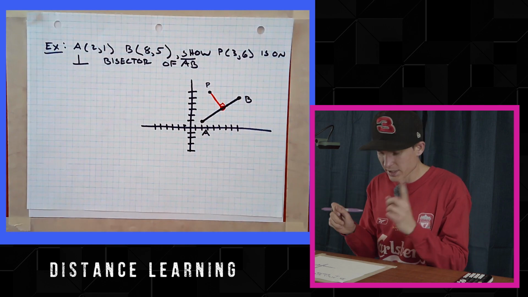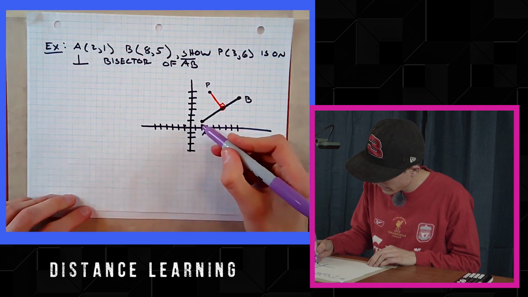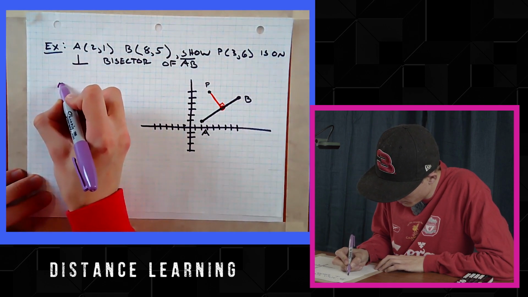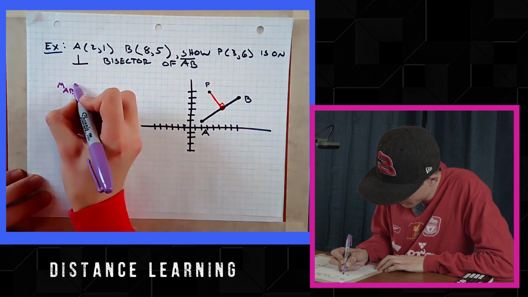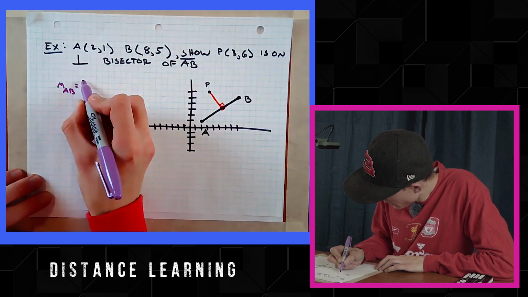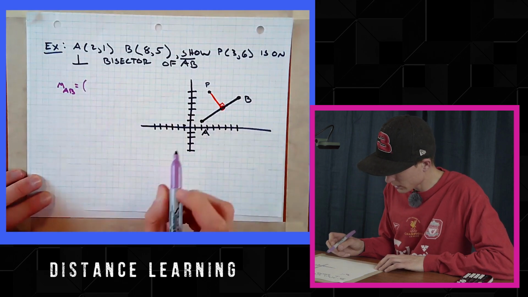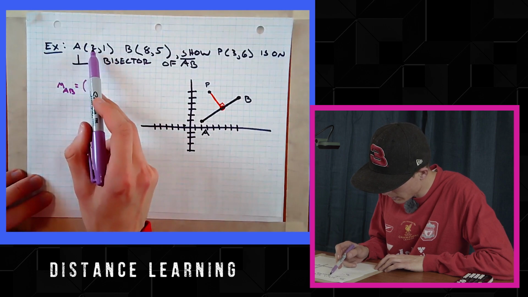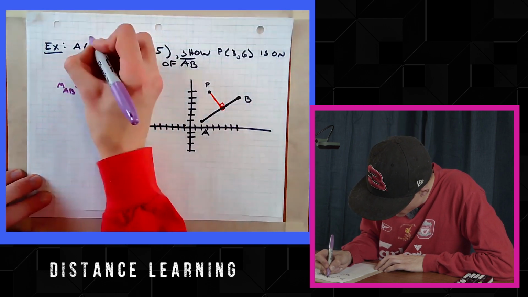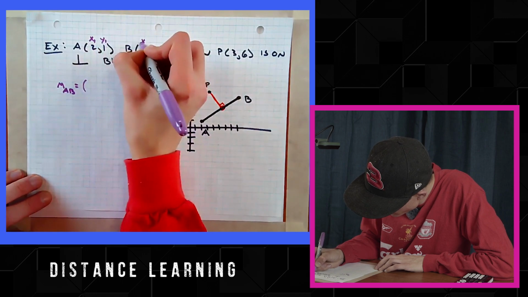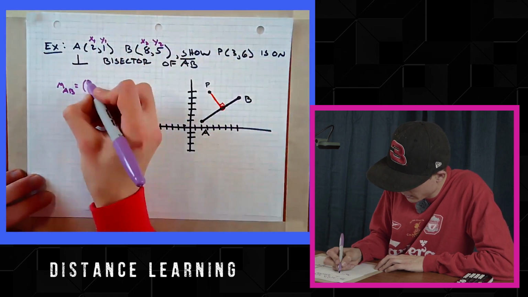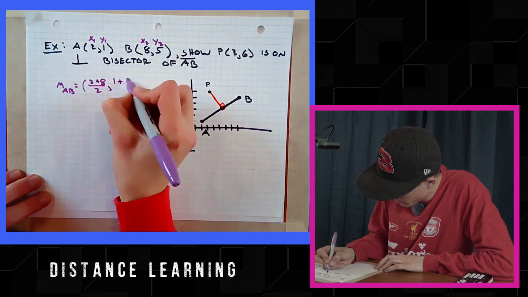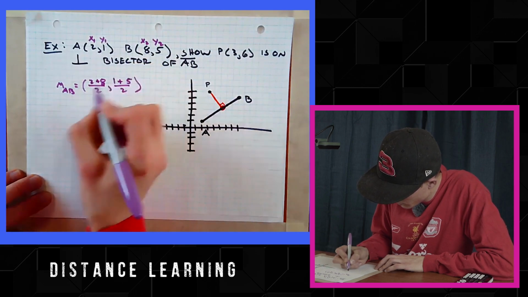So, step 1 is find the midpoint of AB. So, midpoint of AB is, let's see, it's gonna be, man, brain farting there, guys. 2 plus 8 over 2, comma, y1 plus y2 over 2.